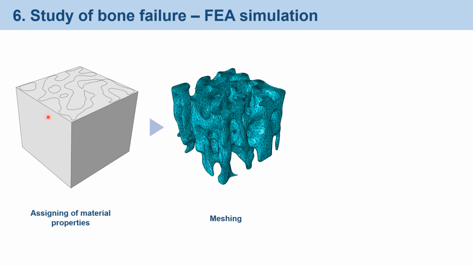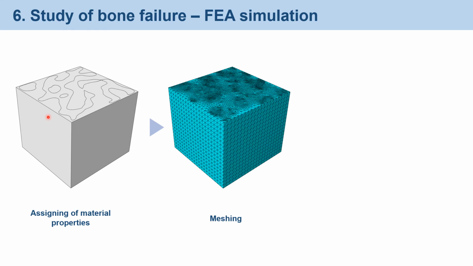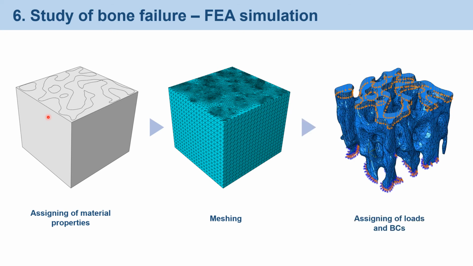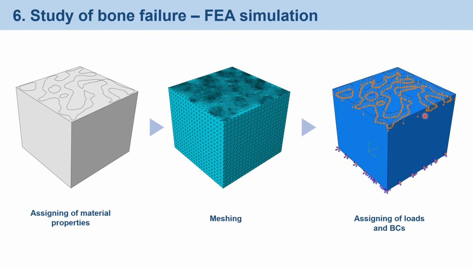After that, we performed meshing of the bone and the bone marrow with a tetrahedral mesh, and meshing produced about 300,000 elements in total. After that, we assigned the boundary conditions and loads to bone and to bone marrow.